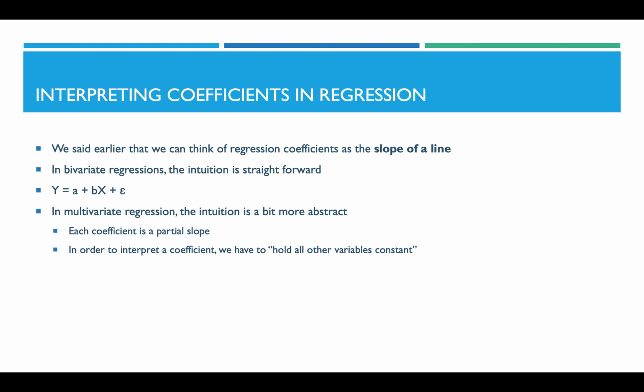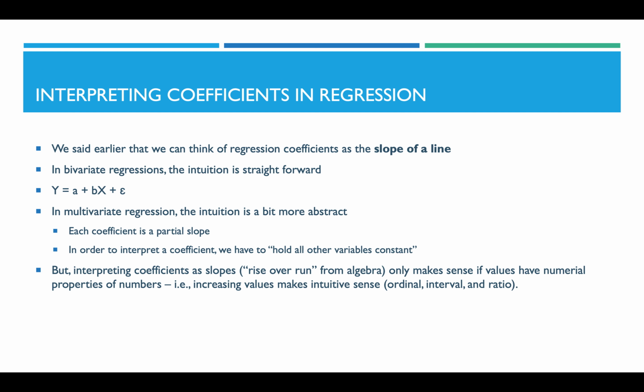And we said that in multivariate regression, this intuition gets a little more abstract. In this case, we can think of each coefficient as a partial slope. This is why, in our interpretation, we have to say we're holding all other variables constant when we're interpreting one of those regression coefficients.